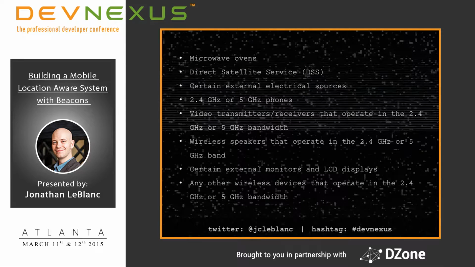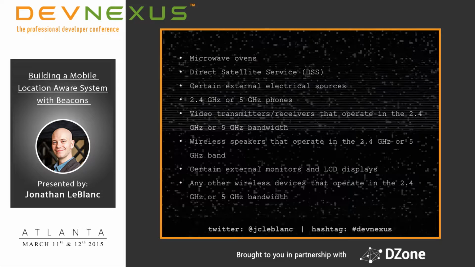Now, these are some of the things that cause signal interference when you're actually deploying in a physical space. There's a lot of them. Things like microwave ovens, if you're deploying in an actual kitchen. You have direct satellite service, external electronic sources.